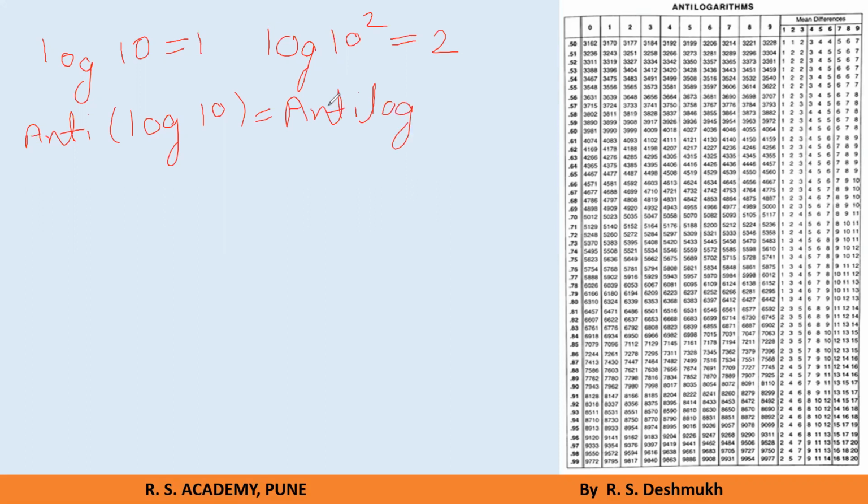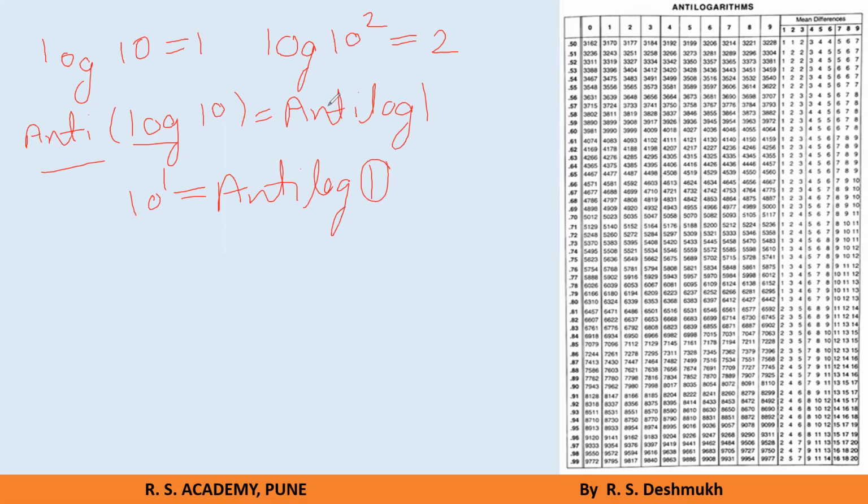Antilog and log get cancelled, and I get antilog of 1 is equal to 10. Antilog of 1 is equal to 10.